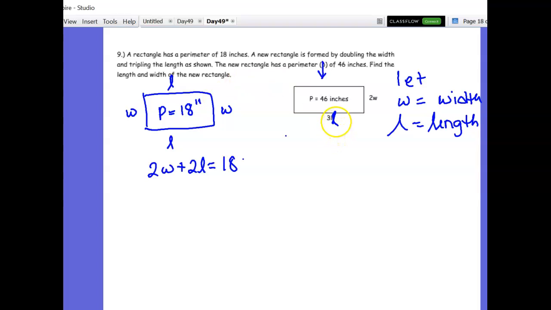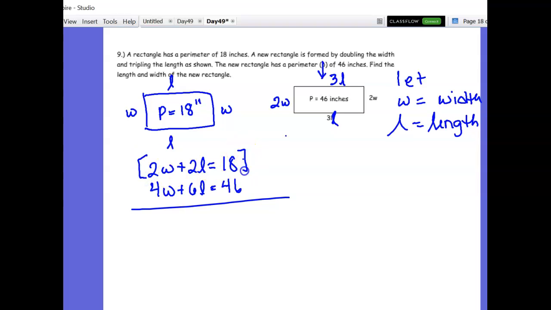We've got a 3L on this side because we took this length on the first rectangle and we tripled it. That's how we get 3L. So the other side would also be 3L, and then the other side here would be 2W. So our second equation would actually be 4W plus 6L, and that's going to be 46. So there's our 2 equations, okay?